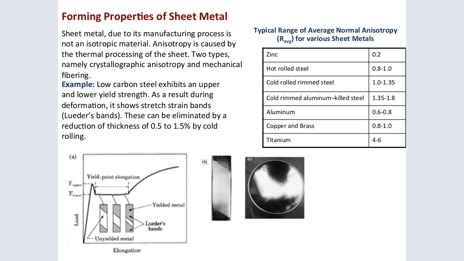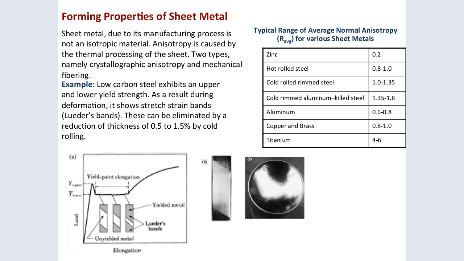So local bond sheet exhibit an upper and lower yield strength. So as a result, during deformation, it shows stretched, strained bands. This can be eliminated by a reduction of thickness of maybe 0.5 to 1.5 by the cold rolling. So these are the ranges of the average normal anisotropy that are used in various sheet metals.